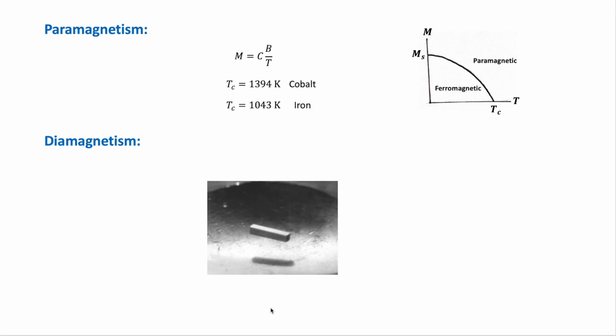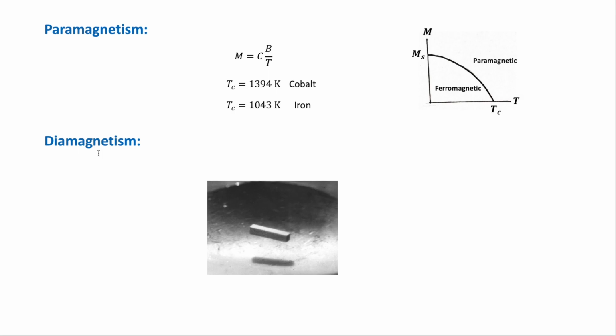So we will now discuss diamagnetism, and a diamagnetic substance is one whose atoms have no permanent magnetic dipole moment. So the atom in a diamagnetic substance has no permanent dipole moment, okay? But if an external magnetic field is applied to such a substance, for example silver, then a weak magnetic dipole moment is induced in the material.